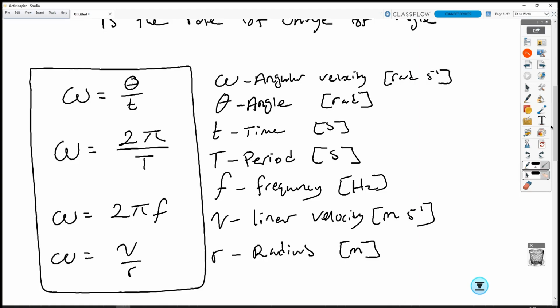Now, before I move on, I want you to imagine an object moving in a circle at constant speed. Is this object accelerating or not? The answer is yes, it is accelerating. I said it's moving at constant speed in a circle, but it has a velocity.